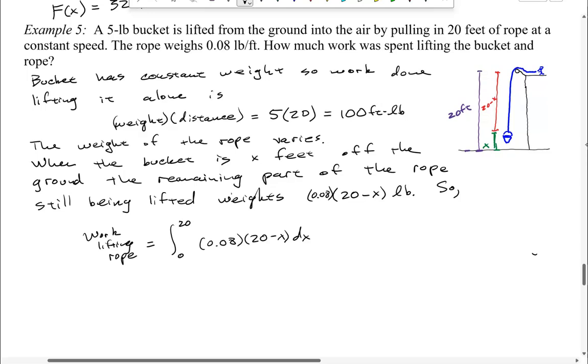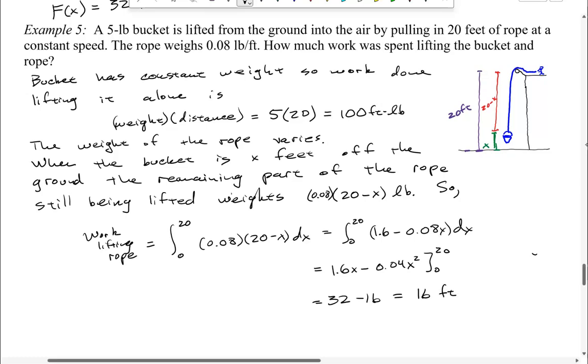So there's the setup. The rest of this is going to go pretty quickly. I'm just going to distribute the 0.08 and then integrate, and that looks like this. And we end up with 16 foot-pounds.